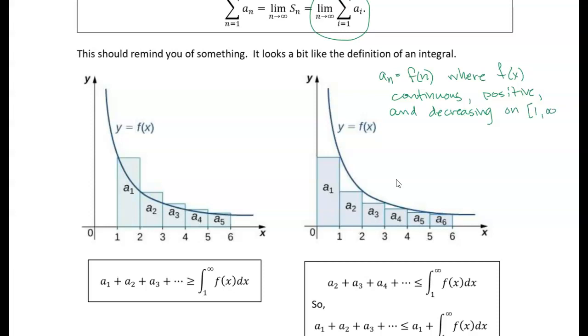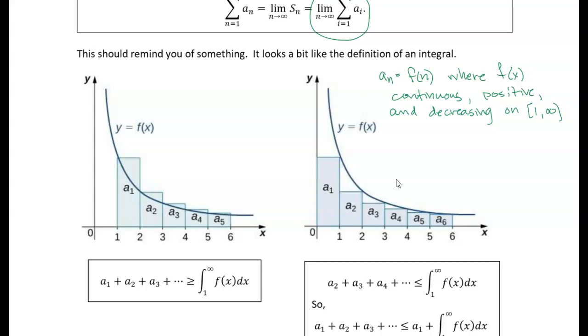Because our sum starts at n equals 1 and goes to infinity. So the curve shows f of x, and the rectangles here show the series, where the height of the rectangle is the value of the series at that point n.